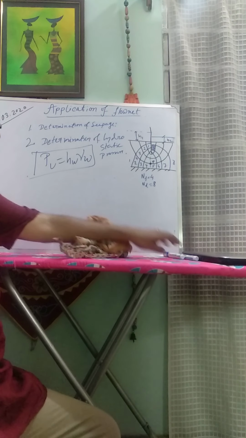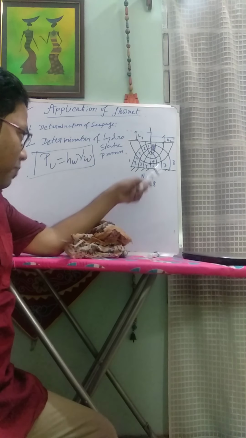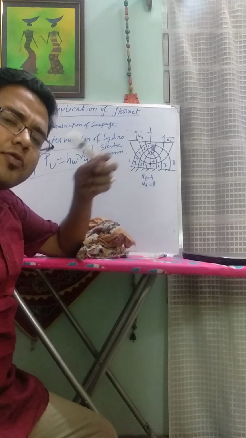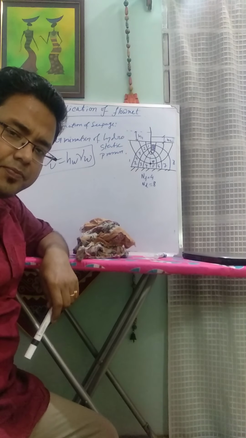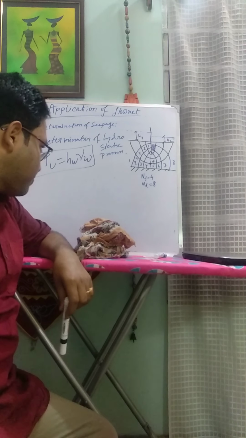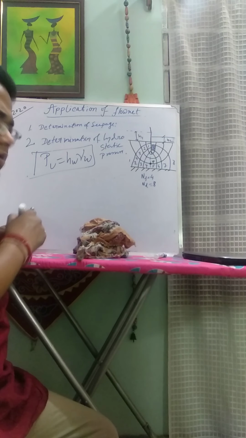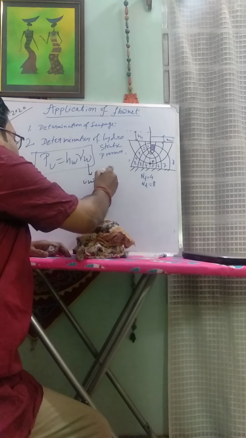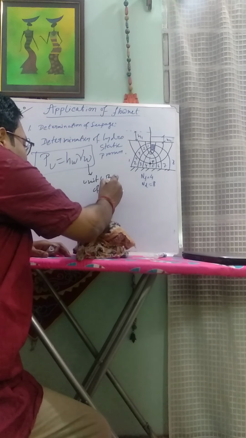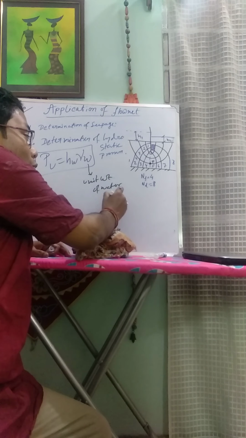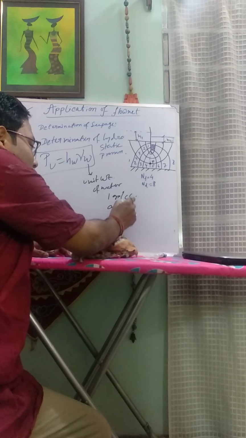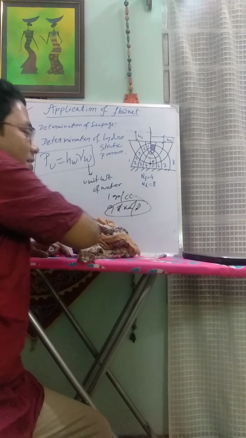Now suppose at this point P we need to find out the hydrostatic pressure from the Flownet. Gamma W, you all know, is the unit weight of water, that is 1 gram per cc, or 9.81 kilonewton per cubic metre.